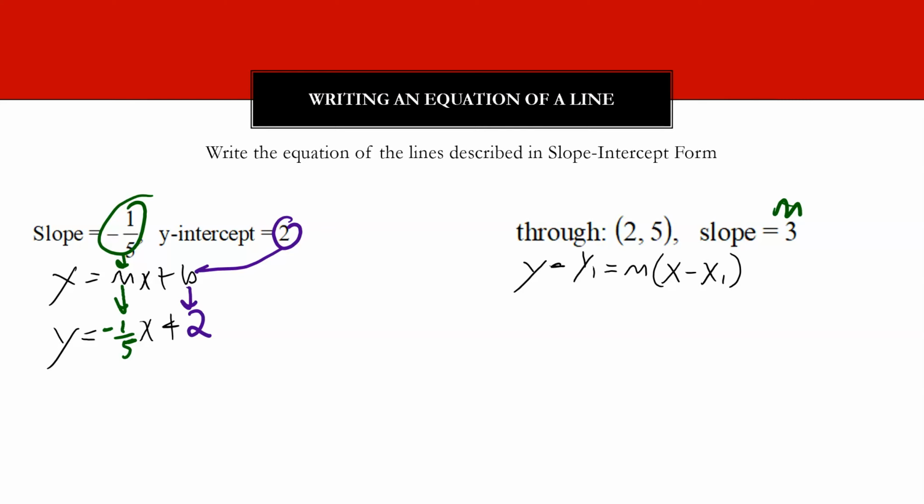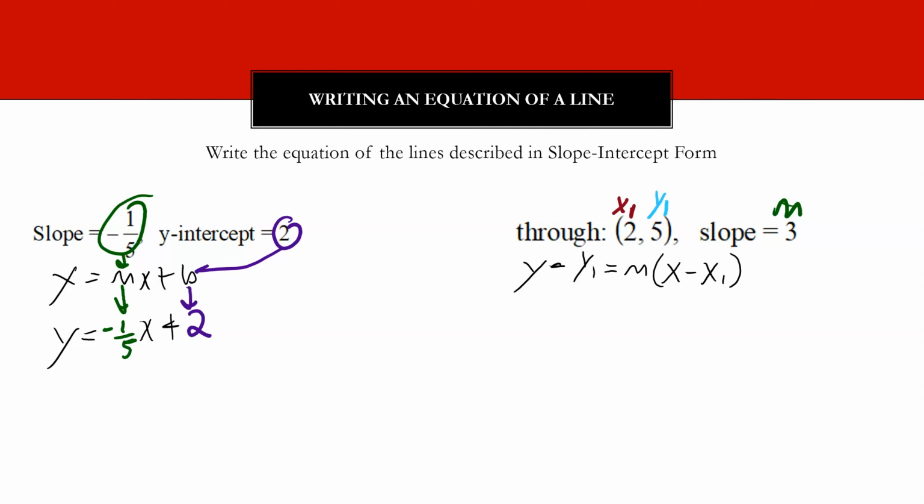We were being asked to write an equation using a point and a slope, and that's what we've been given. So we know here that the x coordinate we will call x1, the y coordinate we will call y1.